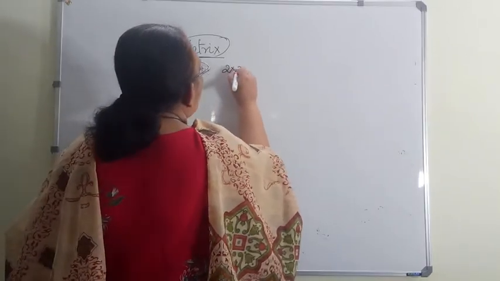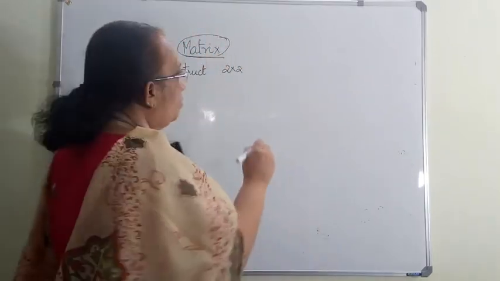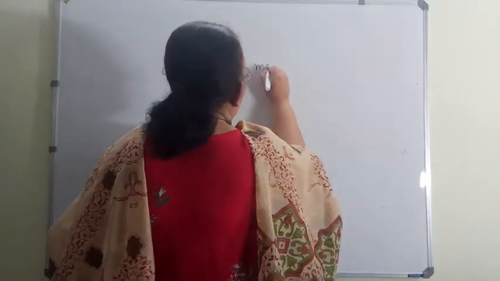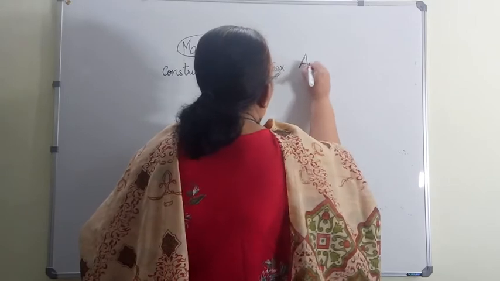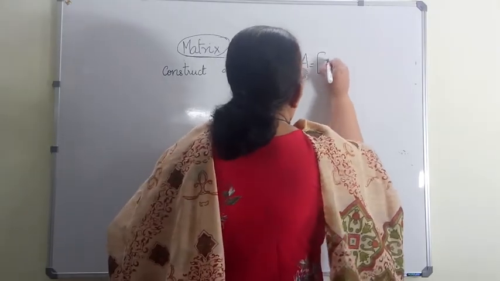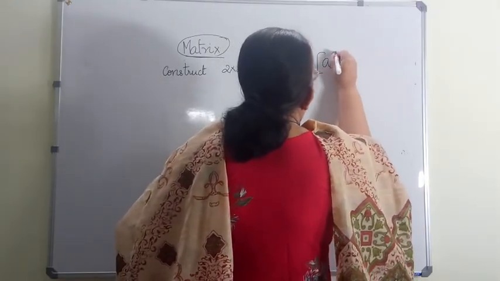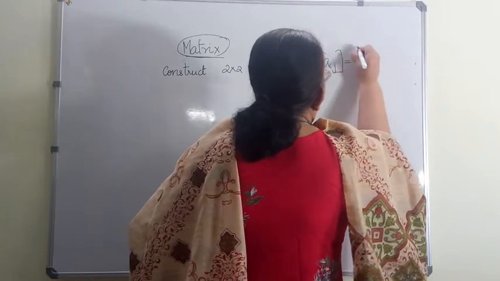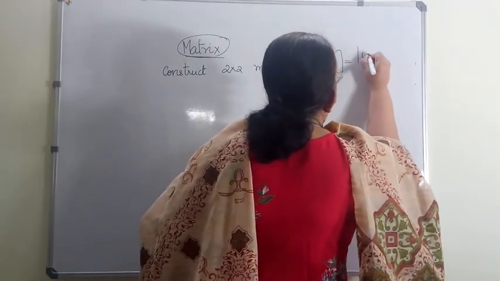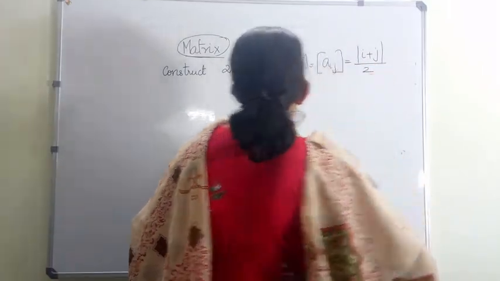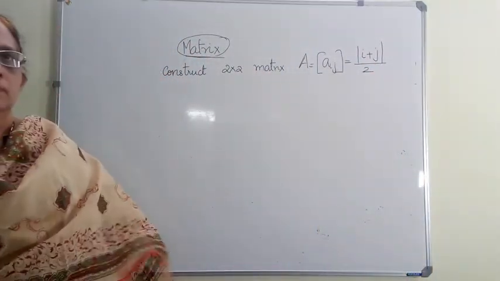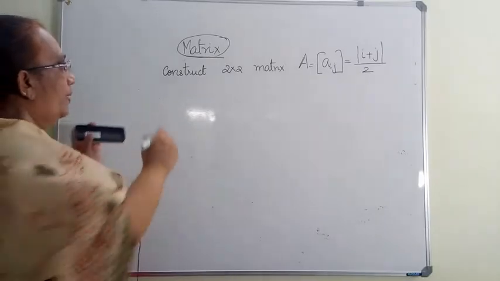a 2 by 2 matrix whose general element aij is given by the modulus of i plus j divided by 2. So what is your question?